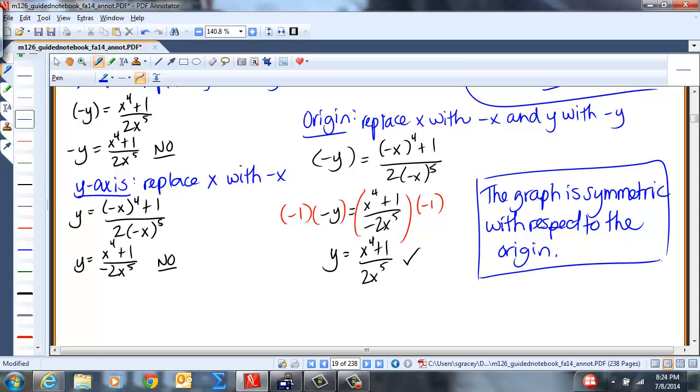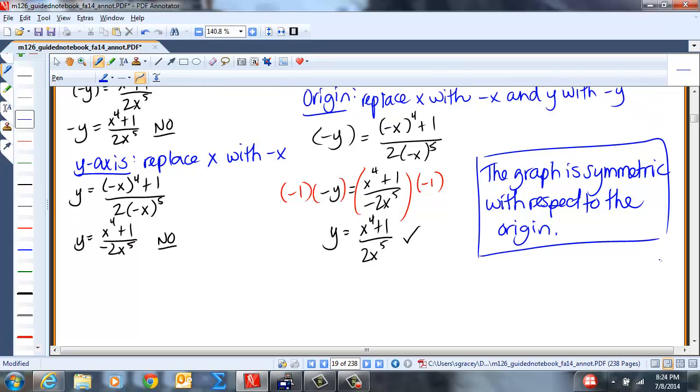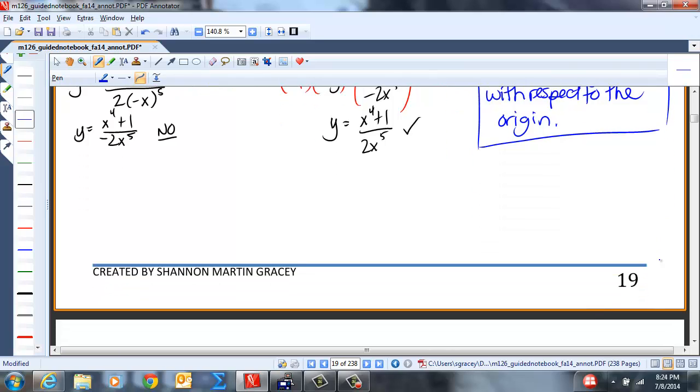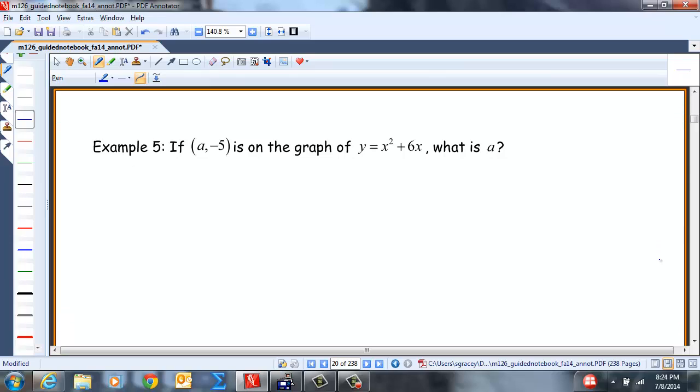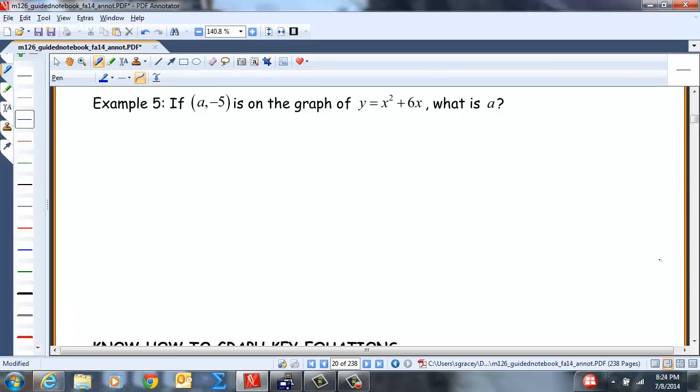Okay, so let's put this stuff together and see what it tells us. This might not have seemed really interesting to you, but if you apply it to graphing, I think you'll see the use for it. So first we have one of those deep thinker problems.